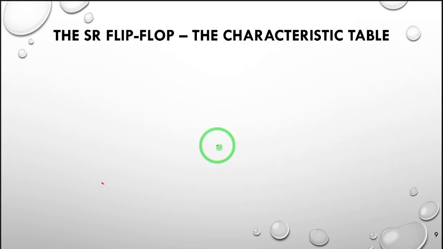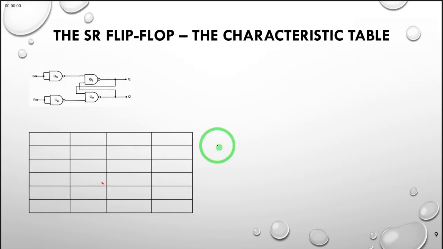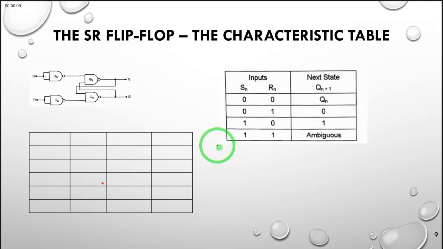Having understood how the SR flip-flop works in the presence of a clock, we can say that the characteristic table of the SR flip-flop will be the same as the one that we saw earlier for the unclocked flip-flop. No changes, except that we are talking about the next state from the previous state. So this is what will change.